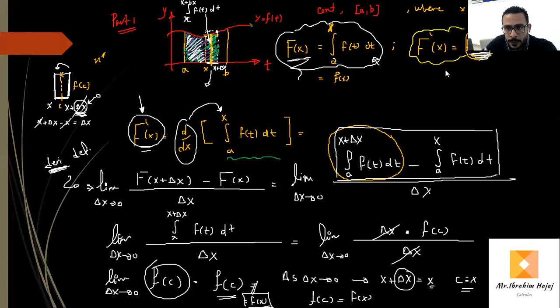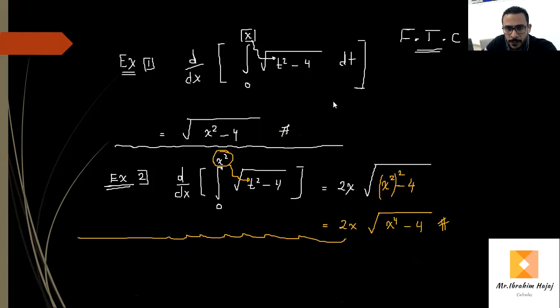We need only to know that if F of x is equal to the integral from a to x of f of t dt, we just substitute for x. And when we have any function, not x, in the upper limit of the integration, we just multiply our final answer by 2x, which is the derivative of this function x squared, and substitute directly for x.